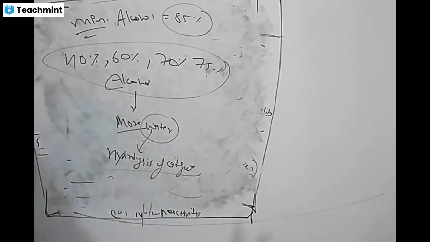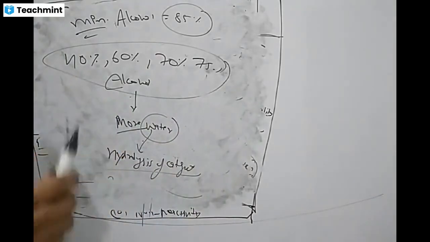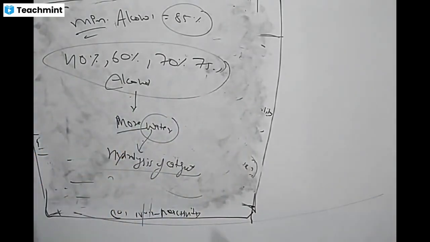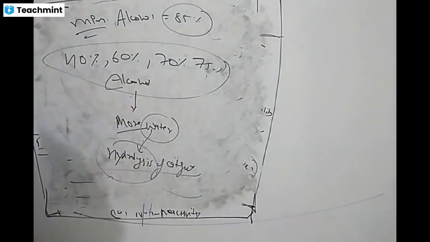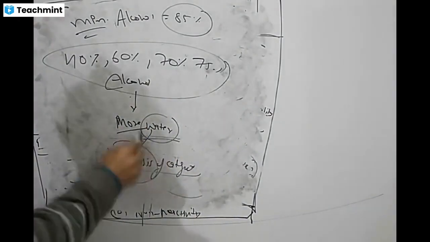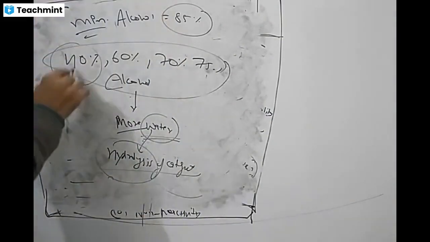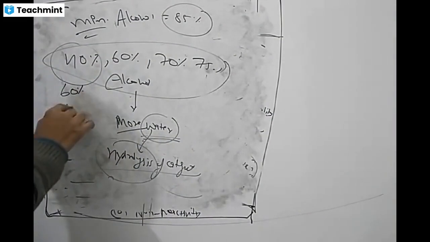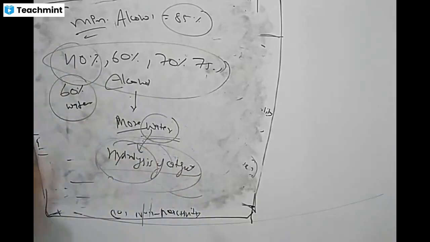The mechanism of breakdown of catgut is mainly enzymatic, that is phagocytosis, but a small amount, you can say 30-40%, is also broken down by hydrolysis. So if you put your catgut into 40% alcohol, it is having 60% water. That water may cause dissolution, hydrolysis of the catgut, that may reduce the strength of the material.